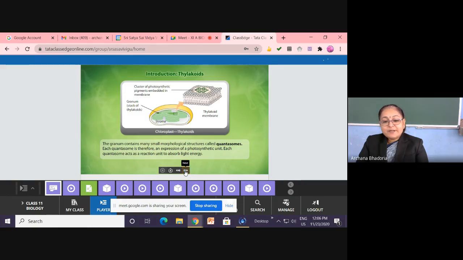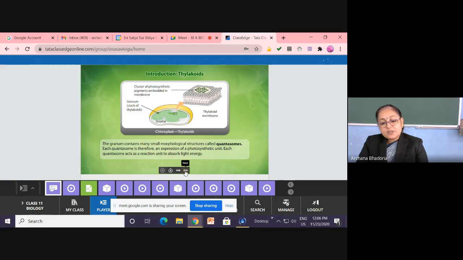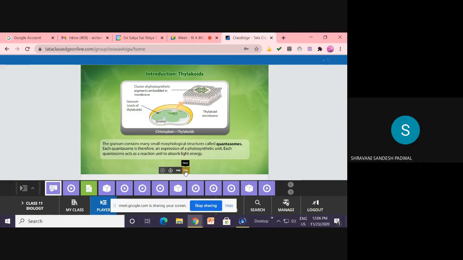Can you tell me a particular site in the thylakoid? Quantasomes. Why the quantasomes, Shravani? Because it acts as a reaction unit to absorb light energy.